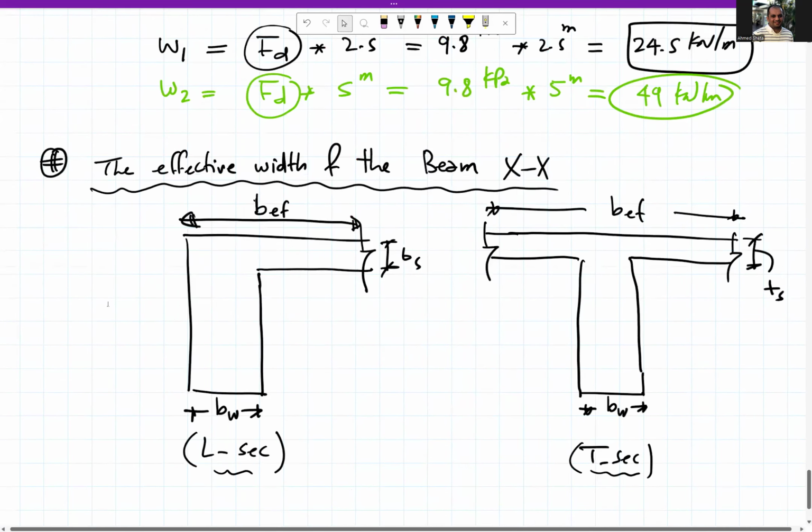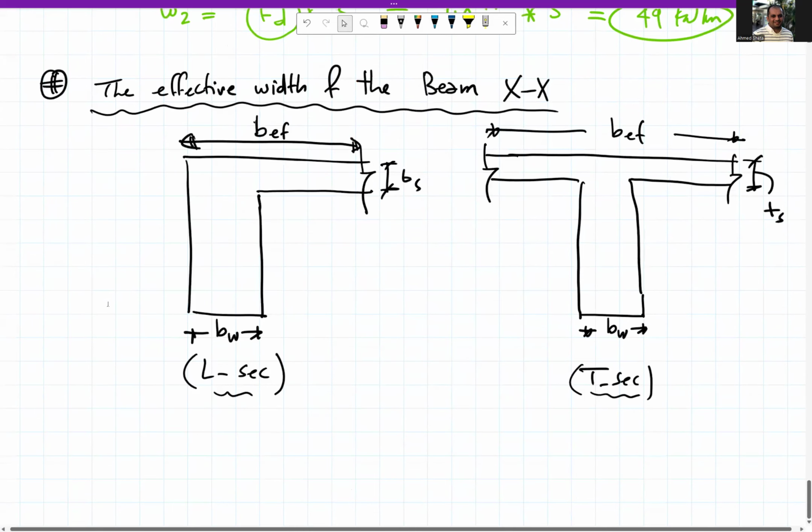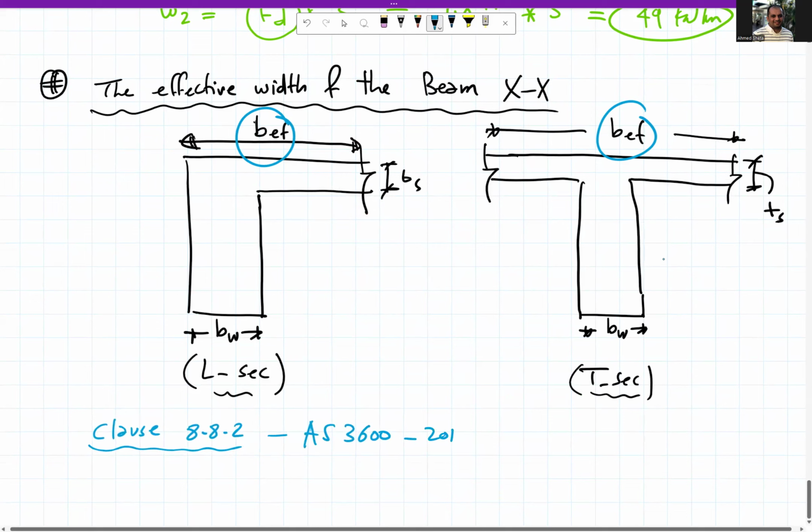The standard gives us the value of B effective in clause 8.8.2 of AS 3600 2018 as follows.